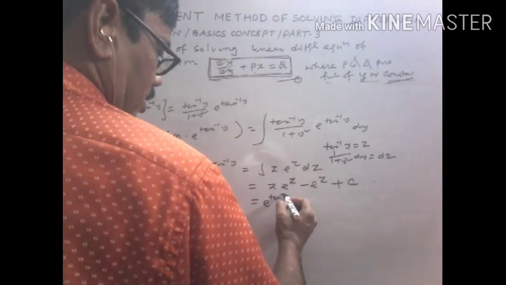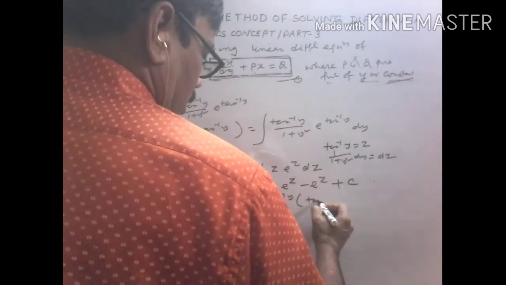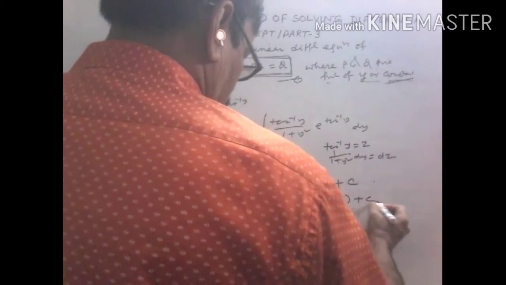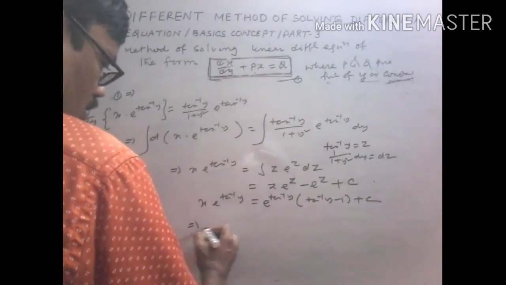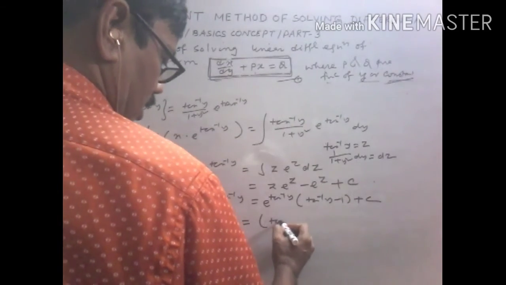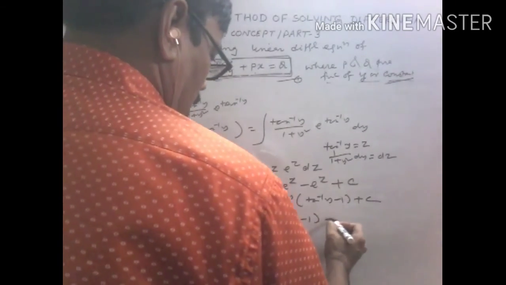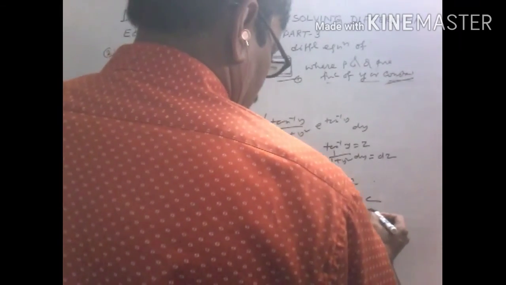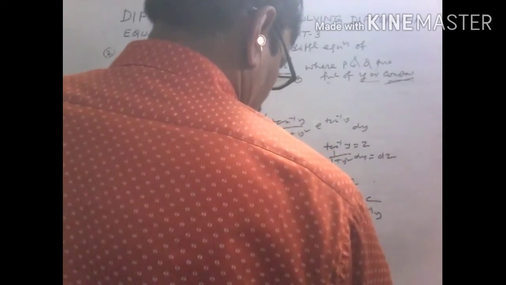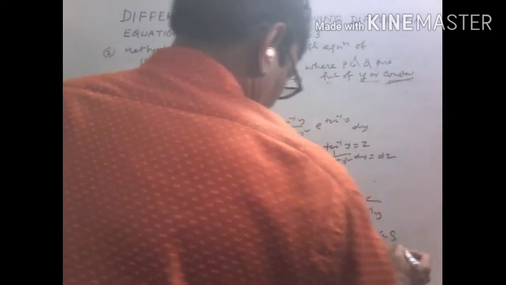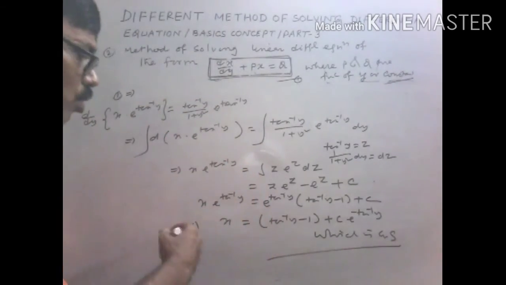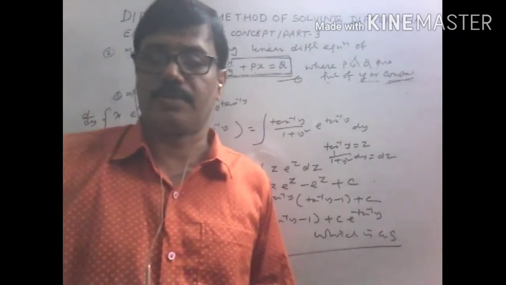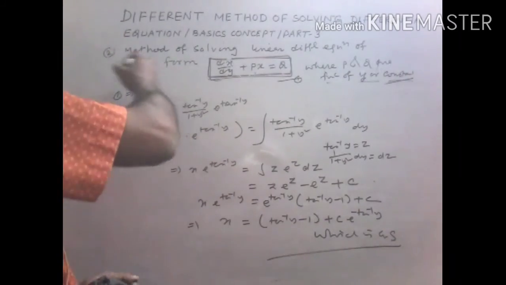So put the value: e to the power z, and what is z? Tan inverse y, so tan inverse y minus 1 plus c. So x into e to the power tan inverse y. If you divide, then x equals tan inverse y minus 1 plus c into e to the power minus tan inverse y, which is the general solution. This is also a most important problem for competitions.